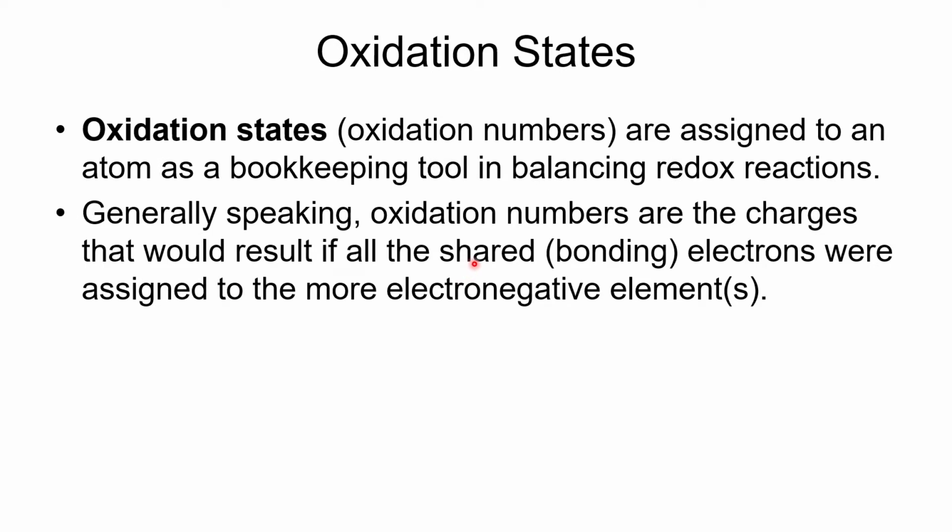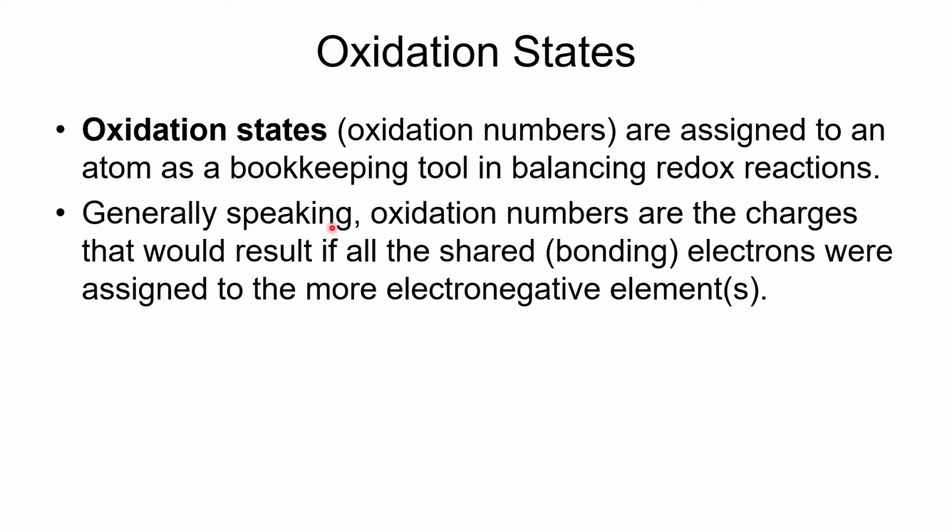So we want to look at a set of rules for oxidation states. Oxidation states are assigned to atoms as a bookkeeping tool to help us balance redox reactions. Sometimes it's really obvious when you have an ionic compound and you can tell what the charge on each thing is, then you know right away what the oxidation states are.